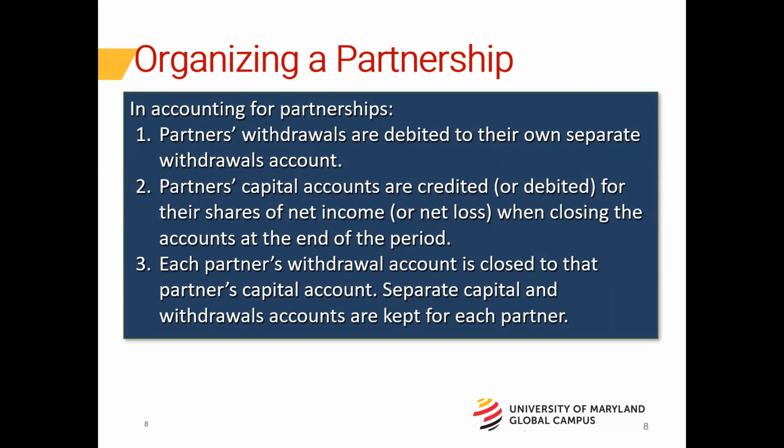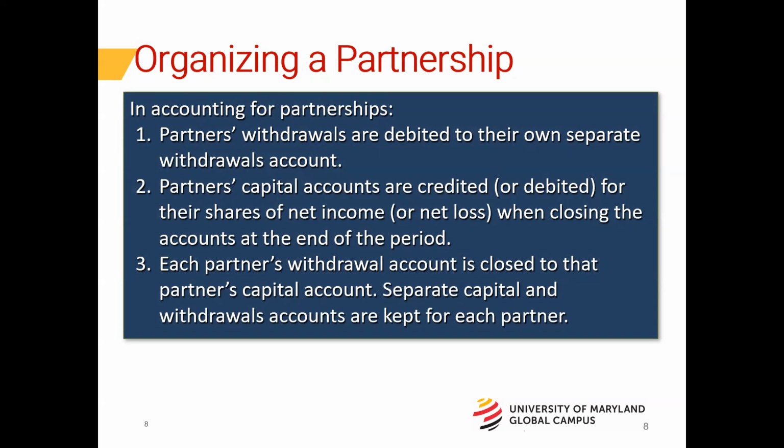But that is to account for any withdrawals that the partners make from the business. Capital accounts are credited or debited based on the shares of net income. That's percentage of ownership when the accounts are closed at the end of the accounting period.